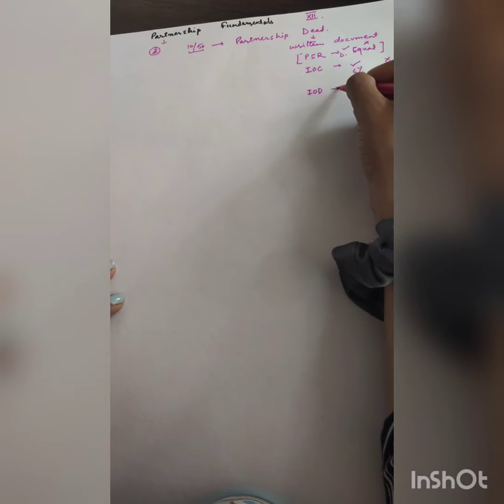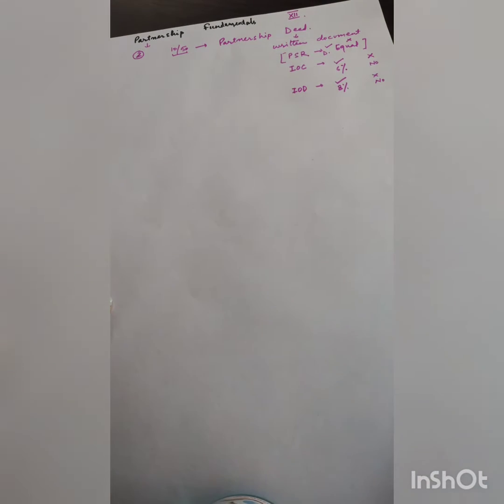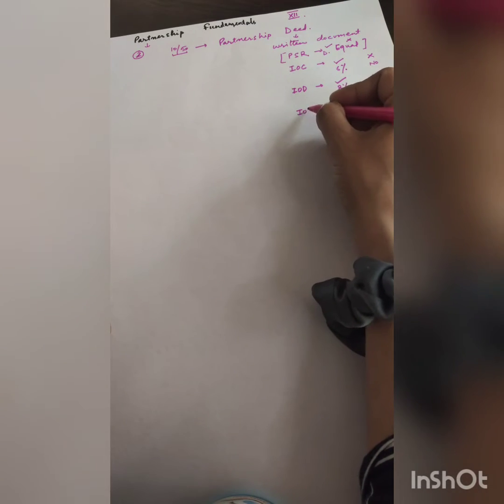Okay. The next important thing in this chapter is interest on drawings. Again, if there is a deed, suppose there is a rate which is fixed at 8%. But if there is no deed, then there will be no interest on drawings. The next thing is interest on loan.